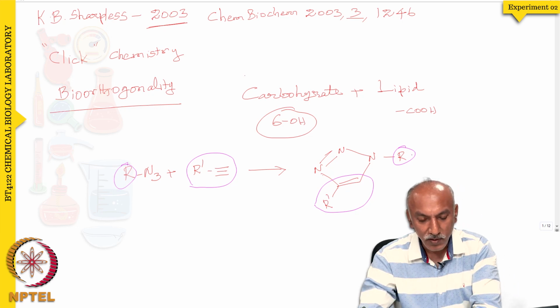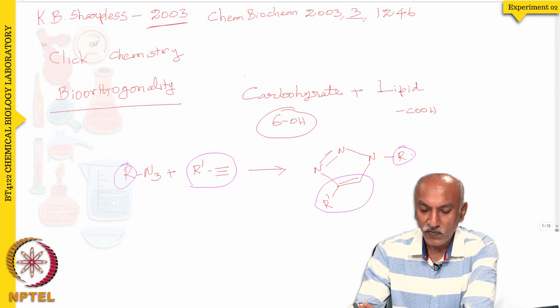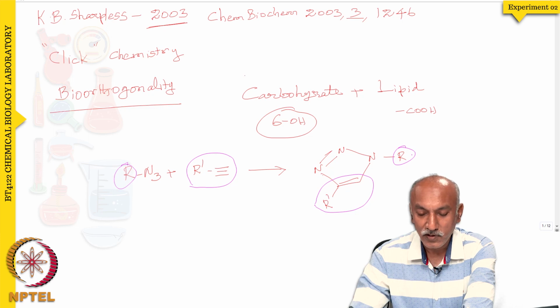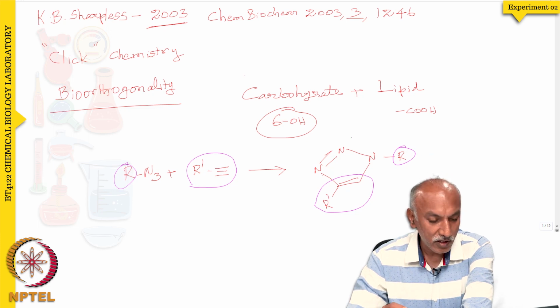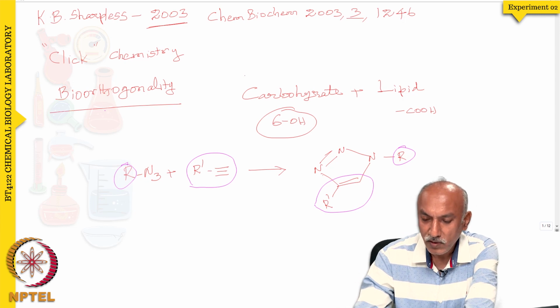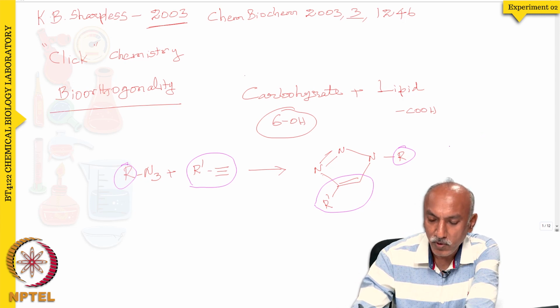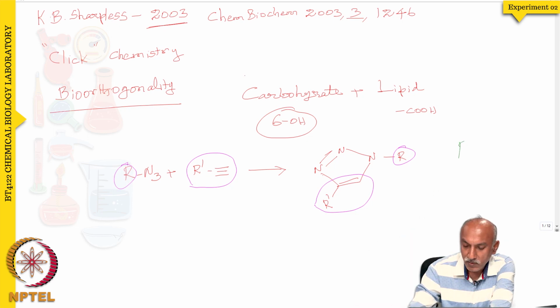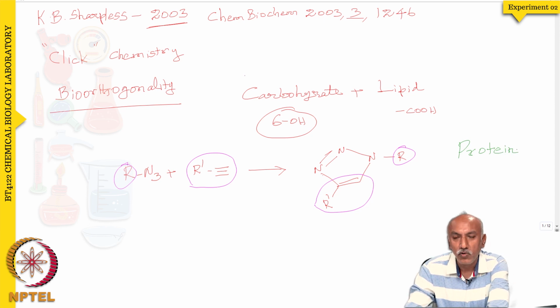In the first class I also talked about orthogonality, correct. Why is bioorthogonality important? You take a protein. A protein has very different functional groups.